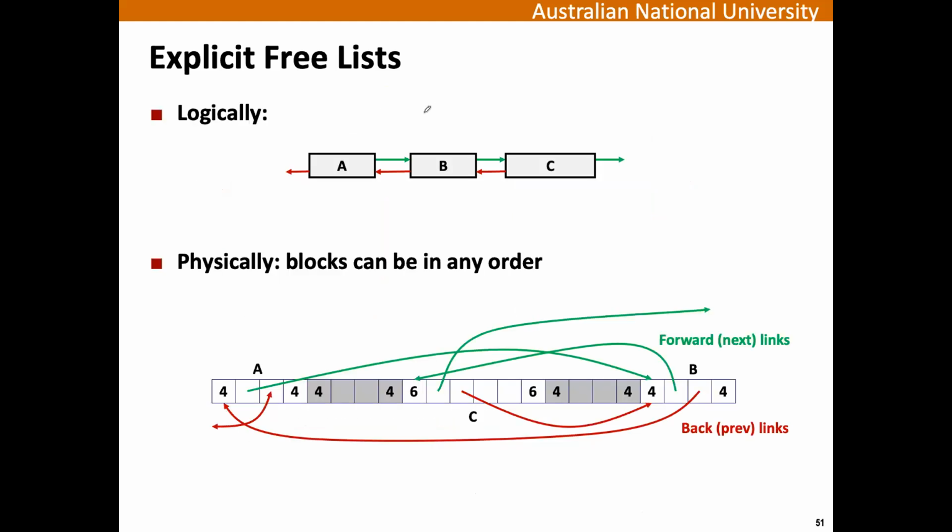So logically, when we draw on slides or paper, we show this very neat diagram with next and previous. But in reality, depending on how, whenever we free a block, how we insert the block in the free list, our free list might look very messy. The next block may be here, and the previous one here, and then the next one somewhere else, and this is what free lists look like. It depends on where you add a block when you free it.